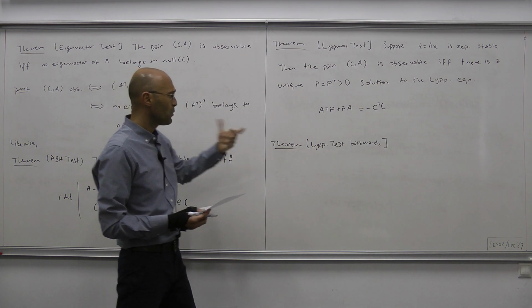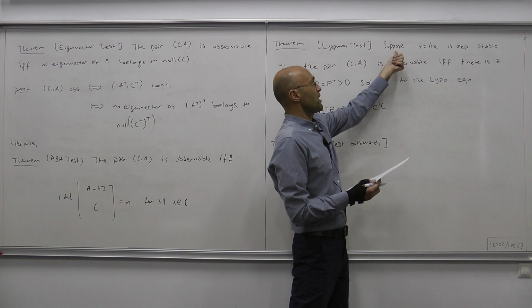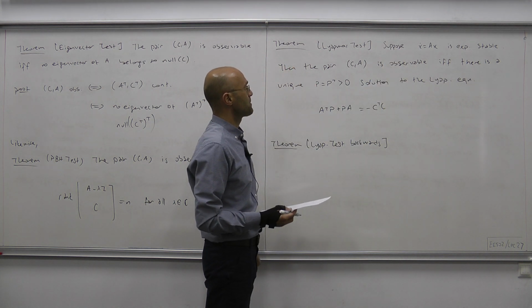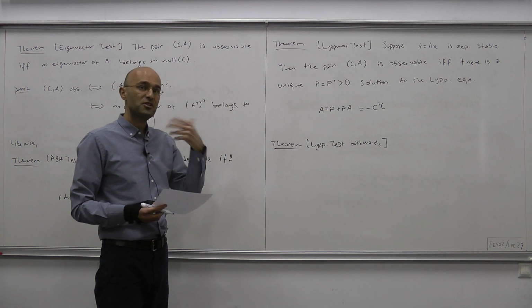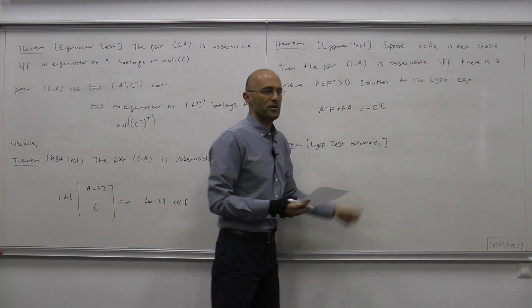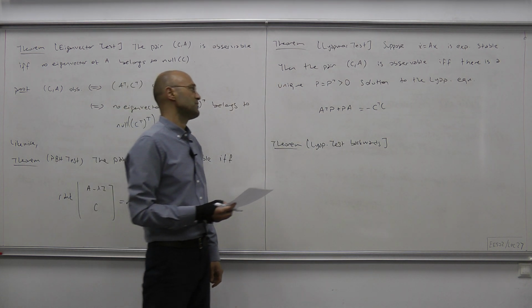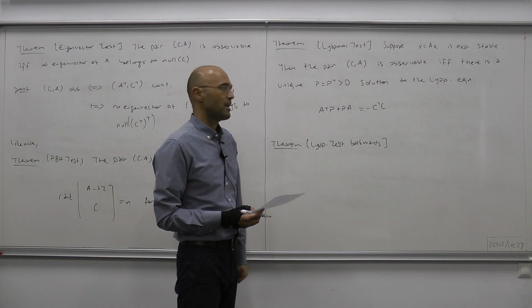And then what we do in the backward theorem is we start with the assumption that the pair C, A is observable. And if that's the case, we can claim that this Lyapunov equation has a solution if and only if the system is exponentially stable.